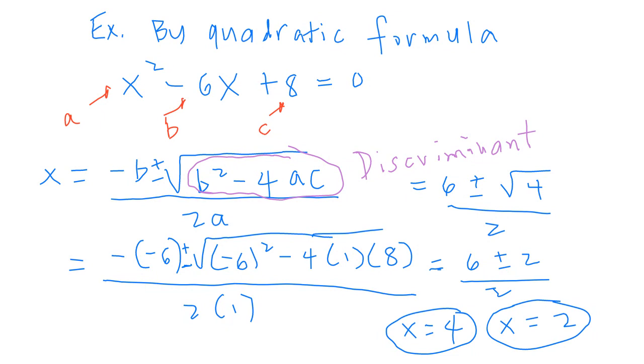So we're going back to the solution set. The solution set is 2 comma 4, and that would be our final answer. Again, you can always check by plugging in the numbers 2 and 4. So that's by quadratic formula.